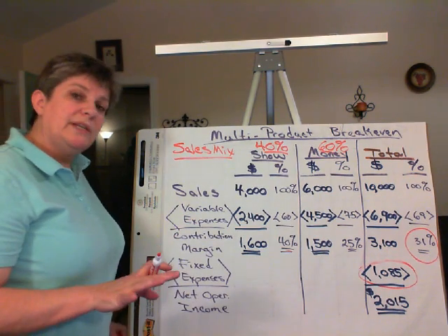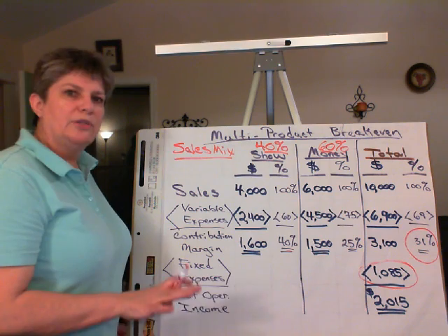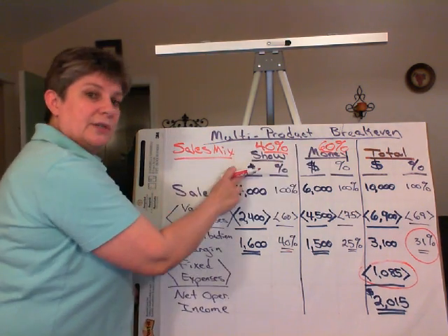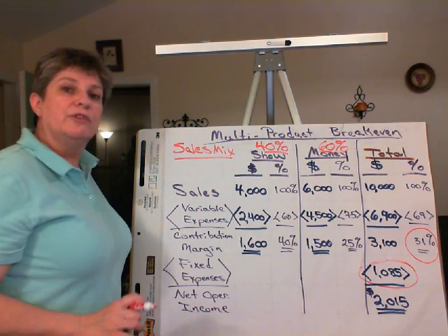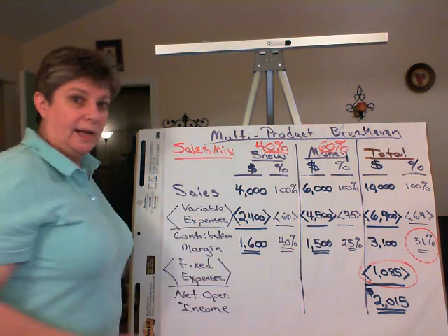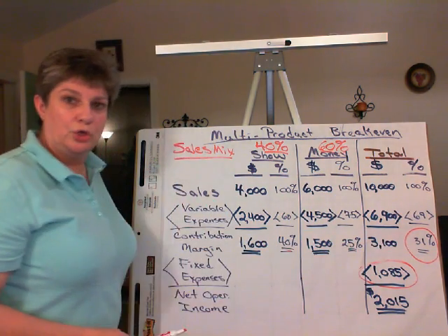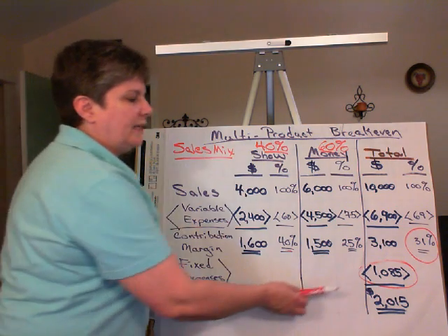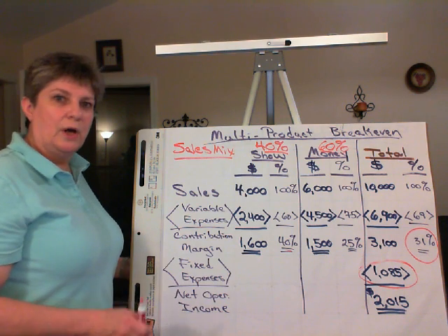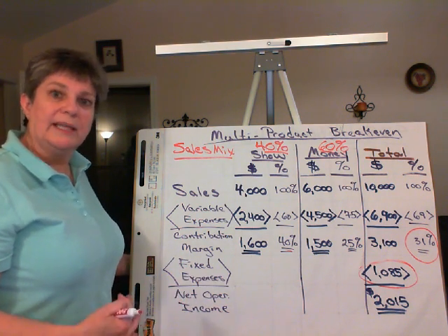So that's the three pieces of information that we need in order to calculate multi-product break-even point. We need the sales mix, what proportion of total sales revenue is generated by each product. We need the weighted average contribution margin, and we need the total fixed costs for the company as a whole. And with that information, we'll be able to calculate break-even point.